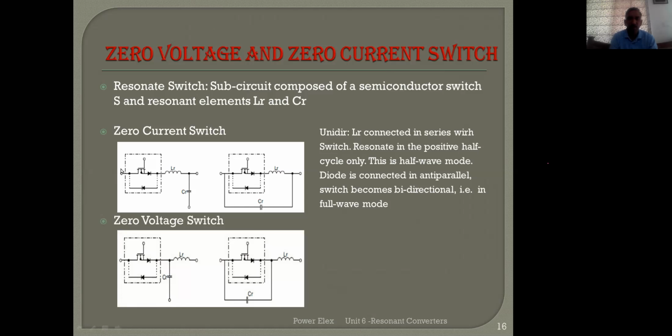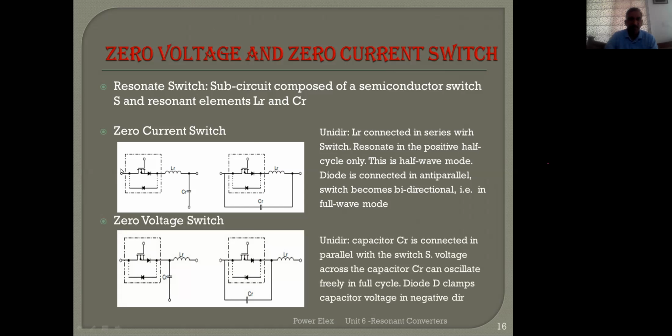If we consider the zero voltage switching, then say capacitor C is connected in parallel with switch S. And this was switch S, and this is the capacitor connected in parallel. So that the voltage across CR, this capacitor, can oscillate freely in full cycle, because when this is turned on, current will flow through this LR and this capacitor will charge. When this is not on, this diode will ensure the current.